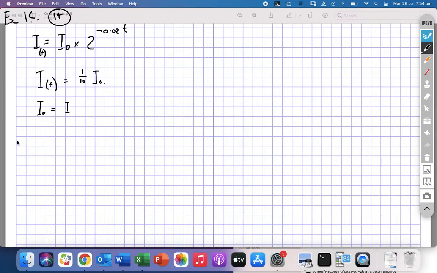So it allows me to rewrite my formula by saying 1/10 of this initial current, which I've called I, will equal this initial current times this exponential part here, which will start decaying this amount, right? So again, graphically, we're starting at some current and we're decaying down with time, right?